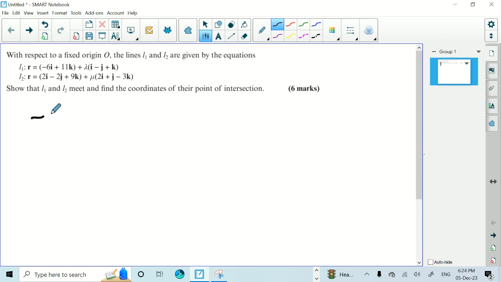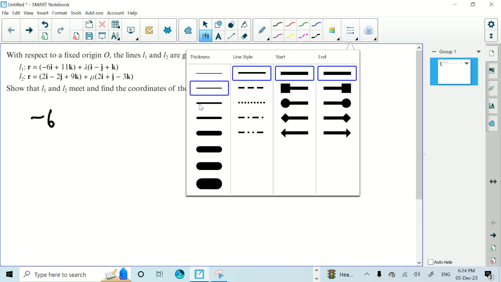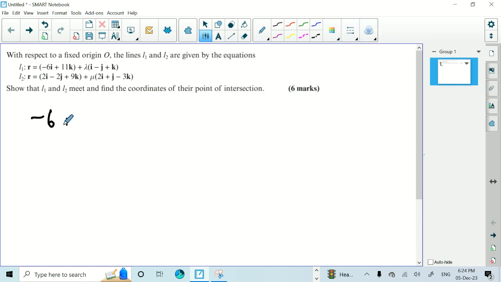So minus 6, and let's make sure we've got everything going. Yeah, minus 6 plus lambda, because here we have minus 6i and plus lambda multiplied by our i component. We've got no j component. So we just have minus lambda.